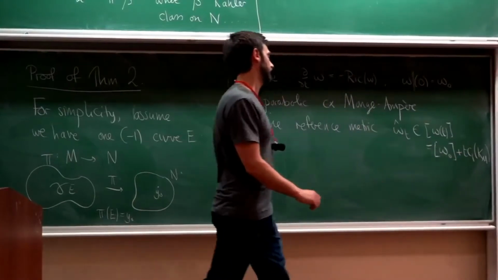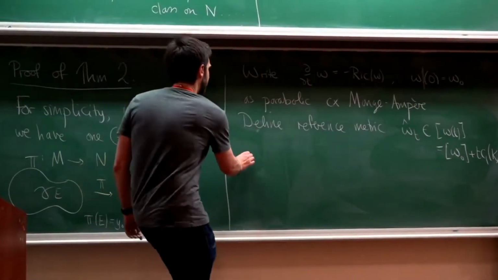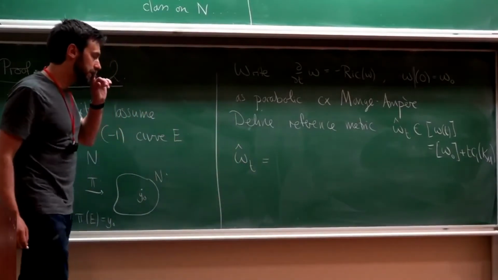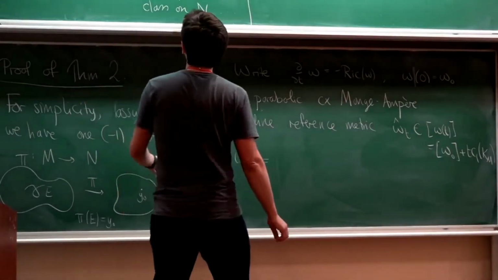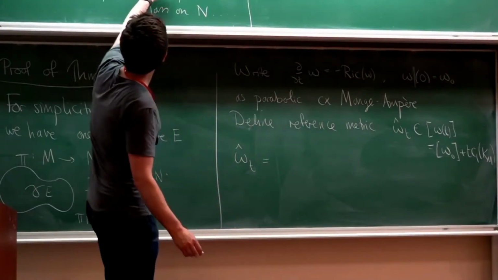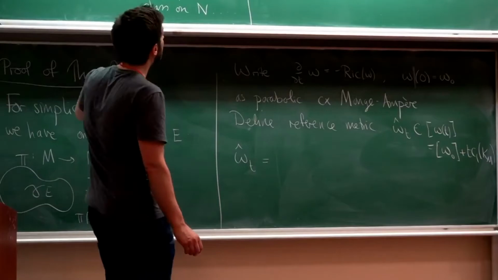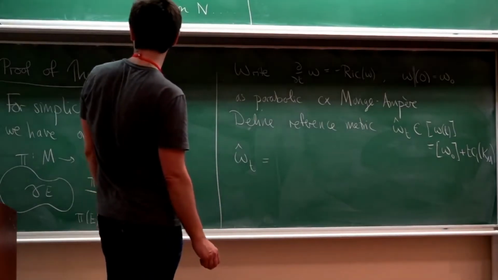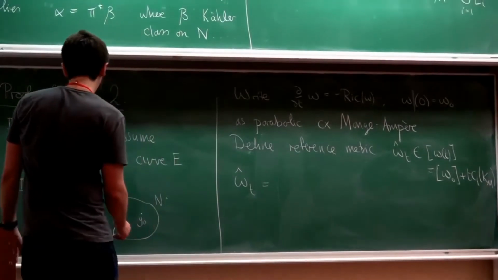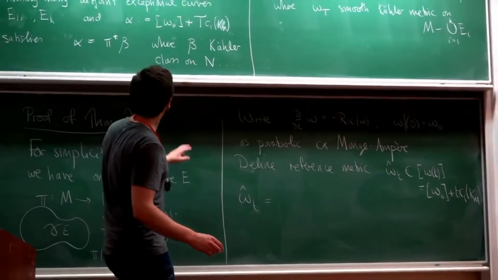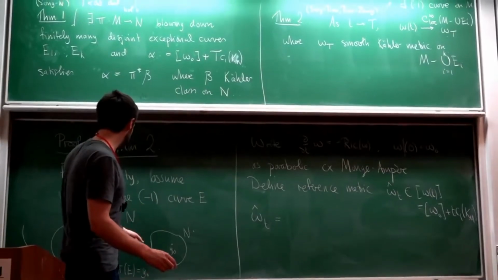And here's what we're going to define. I'm going to take a very specific one. We know that the final class is the pullback of, let me call it omega n.